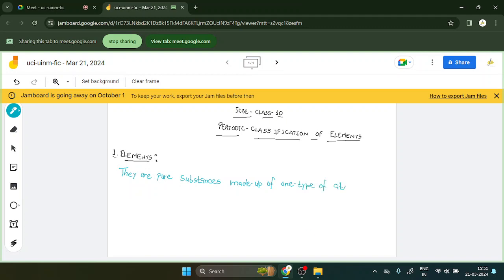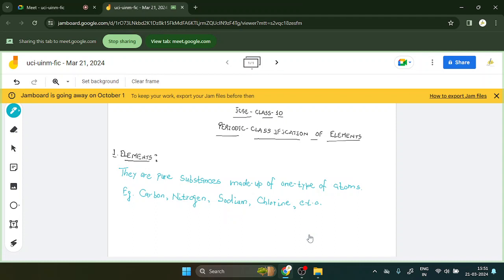What are elements? Pure substances. Okay, what are the examples? Examples include carbon, sodium, nitrogen, chlorine, etc. These are called the elements.